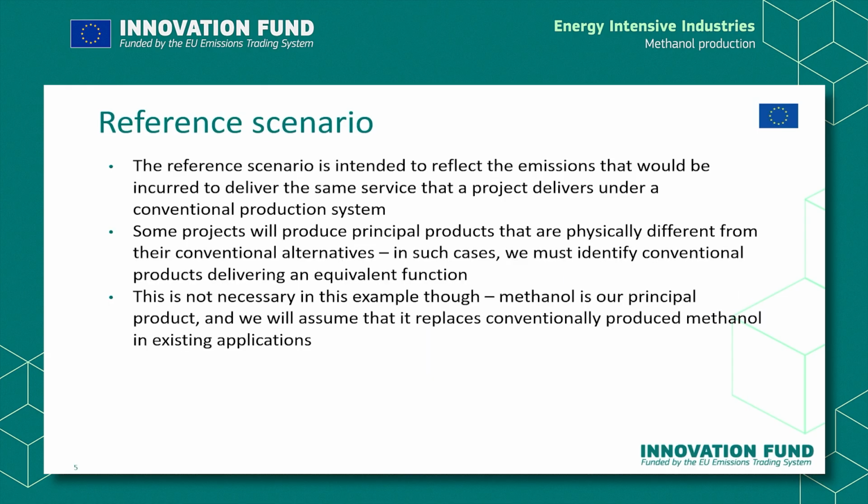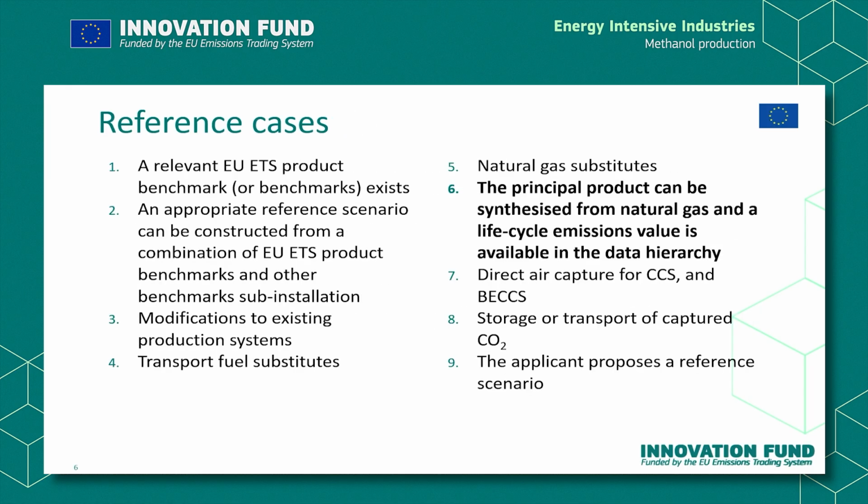In order to be able to calculate our reference emissions, we first need to determine what our reference scenario is. The reference scenario is intended to reflect the emissions that would be incurred to deliver the same service that a project delivers under a conventional production system. The reference scenario must always be chosen from the 9 possible reference cases detailed in the GHG emissions methodology.